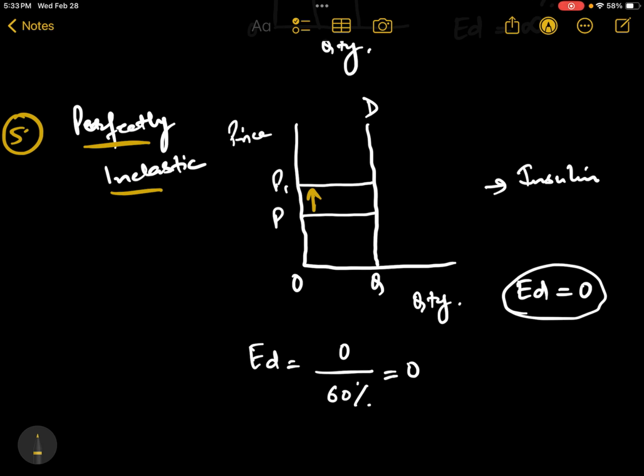So in that case, what would happen? Even if the price of that medicine goes up, the demand remains unchanged. So it means the percentage change in quantity demanded is 0% here, and even though prices are changing by 60%, still the elasticity of demand coefficient would be 0.